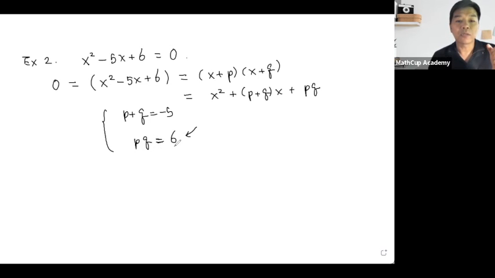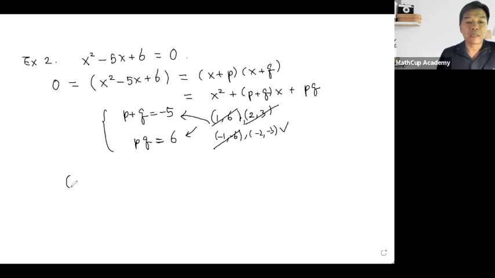You only have four possible pairs: 1 and 6, 2 and 3, -1 and -6, -2 and -3. You take those candidates and plug them into p plus q to see if it equals -5. This clearly is not, this clearly is not. When p equals 2, q equals 3, p plus q equals 5, so this is not. But p equals -2, q equals -3 add up to -5. So this is the solution.